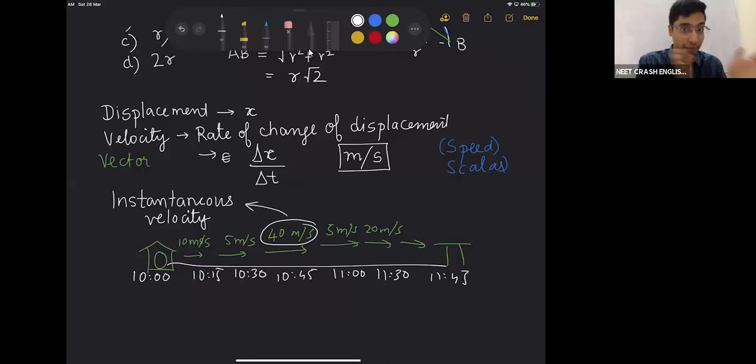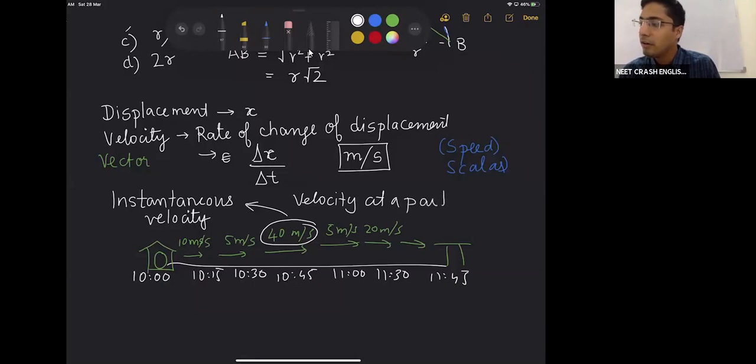In fact, I should use the word velocity, but in a straight line, velocity and speed are the same. So velocity at a particular instant is called instantaneous velocity, right? Instantaneous velocity, as the name suggests, is to pick one instant, that precise second, whatever the time is, and that is called the instantaneous velocity at that point of time.